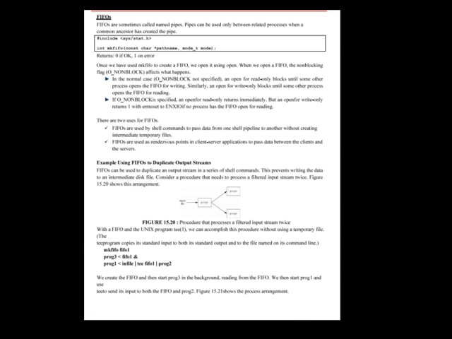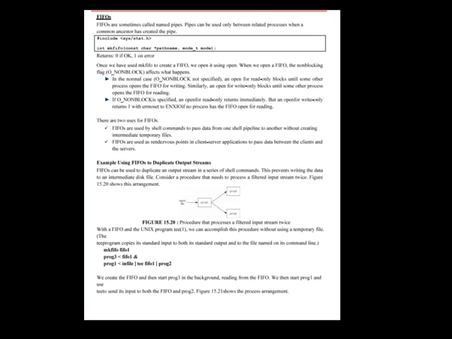When we open a FIFO, the nonblocking flag, O_NONBLOCK, affects what happens. In the normal case, an open for read-only blocks until some other process opens the FIFO for writing. Similarly, an open for write-only blocks until some other process opens the FIFO for reading.